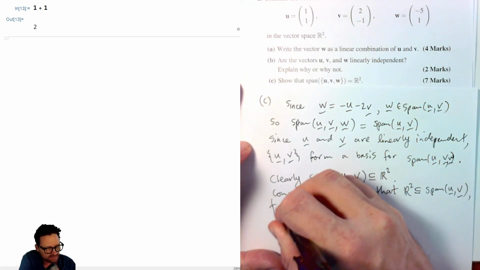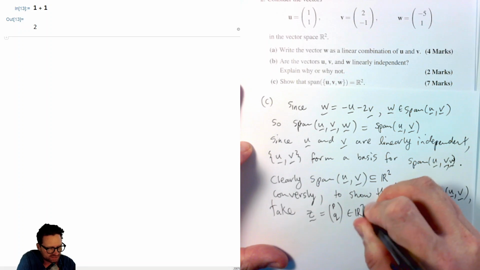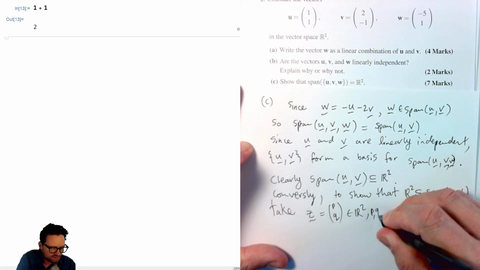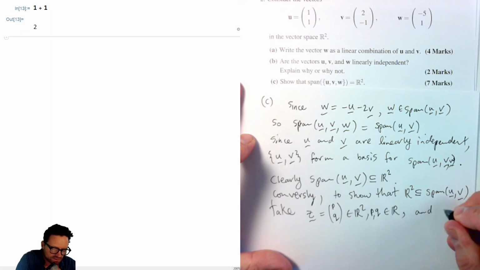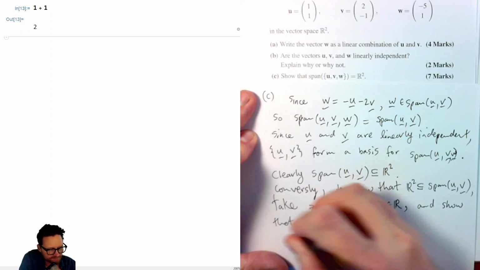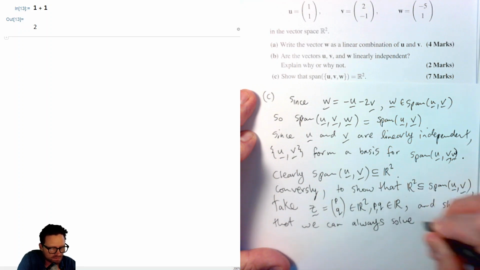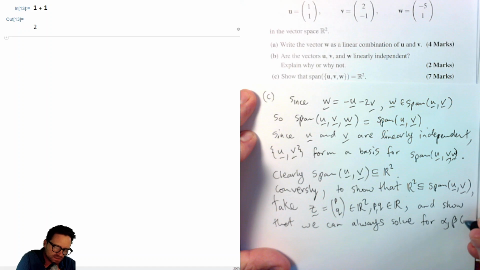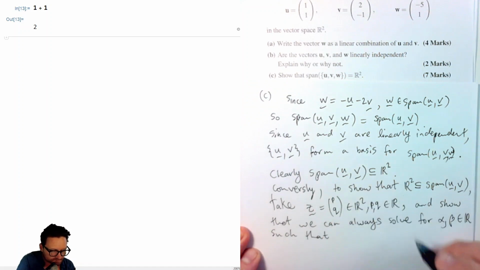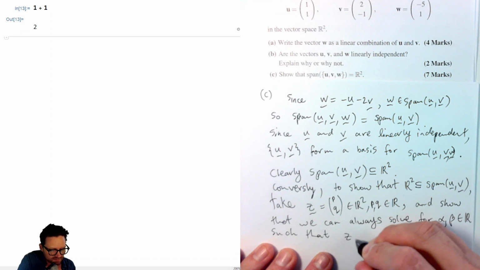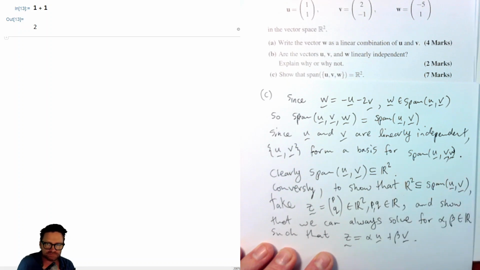So take some vector, say Z equal to (P, Q) in 2-space, where P and Q are real numbers, and show that we can always solve for alpha and beta in the real numbers such that Z is equal to alpha U plus beta V, right?